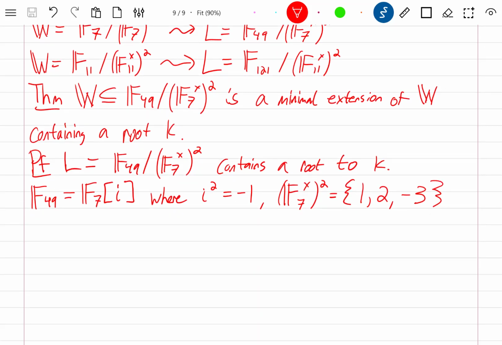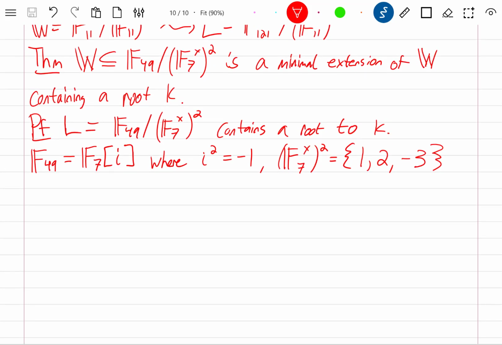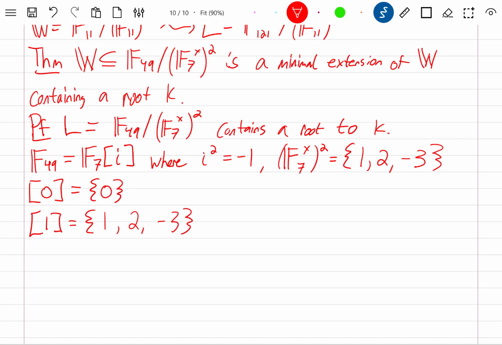So the next part is we just write down all of the equivalence classes. So the equivalence class of 0, we know this is just 0. The equivalence class of 1 is going to be our residues, so 1, 2, and -3. The equivalence class of, I'll call it -1, is going to be our quadratic non-residues, so -1, -2, and 3.